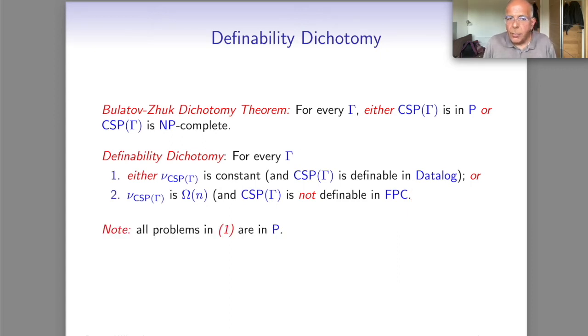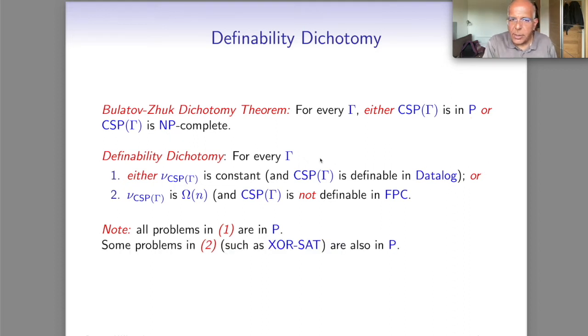In particular, all of this is included in the first class, and all NP-complete CSP(Gamma) are included in the second class. They're provably not in FPC. They have linear counting width. But this dichotomy is not the same as that, in the sense that there are polynomial time problems which fall into the second category over here.